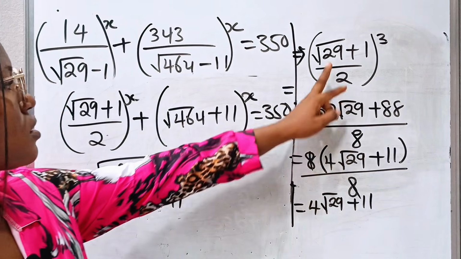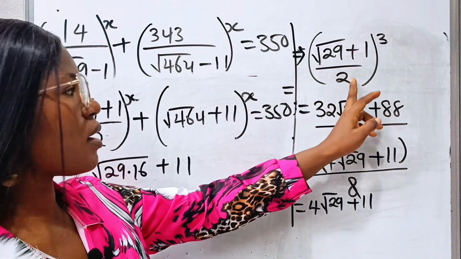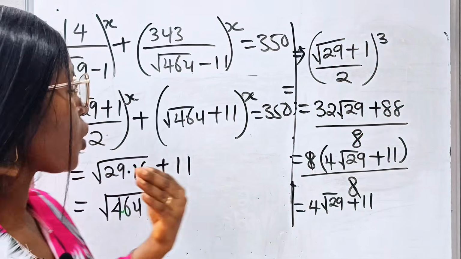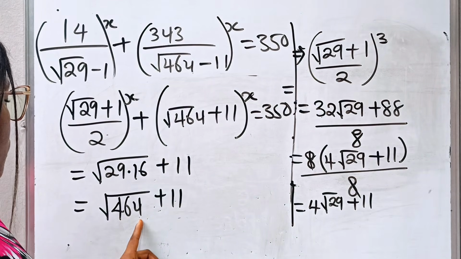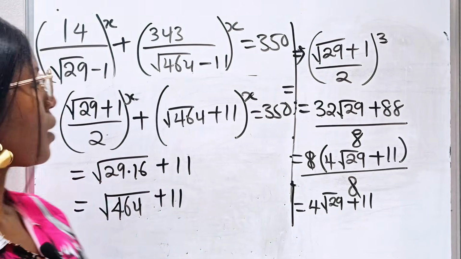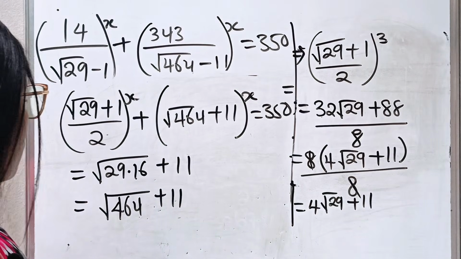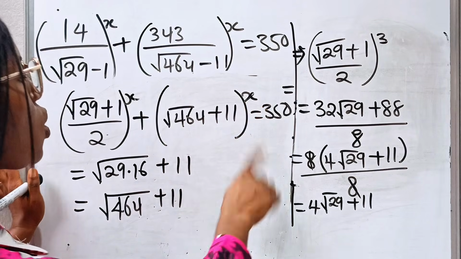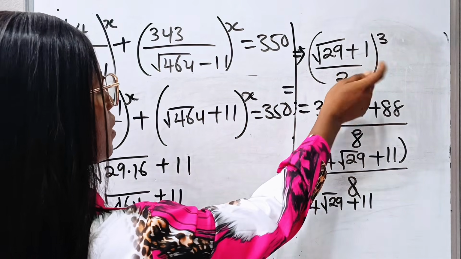So you can see that square root of 29 plus 1 divided by 2, all to the power of 3, is equal to square root of 464 plus 11. So what are we going to do now? Anywhere we see this square root of 464 plus 11, we are going to replace it with this.